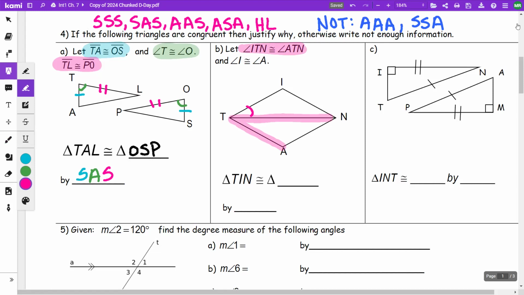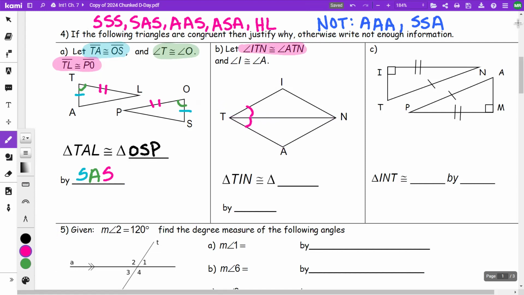That's going to be this angle here. So those two angles are congruent to each other. I'll put a little single mark, so we can see that those are not one big angle, but two separate angles. They also are giving us that angle I is congruent to angle A. So angle I, I'll put a double one, is congruent with angle A.